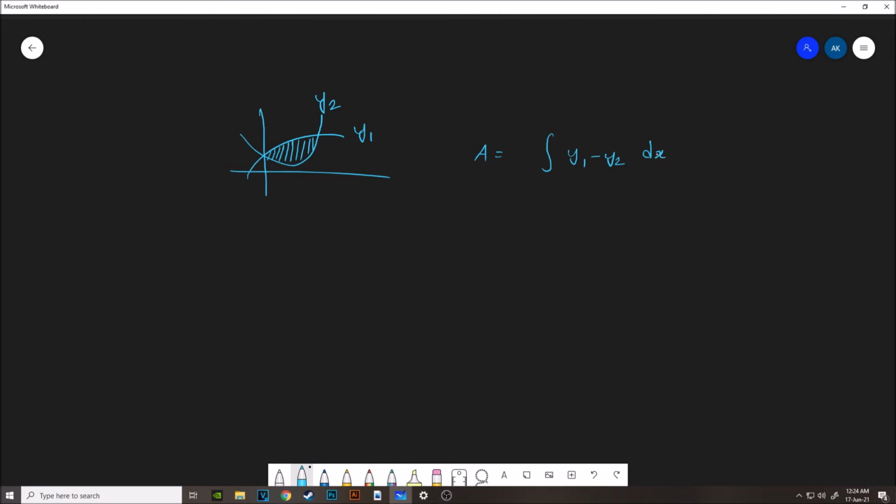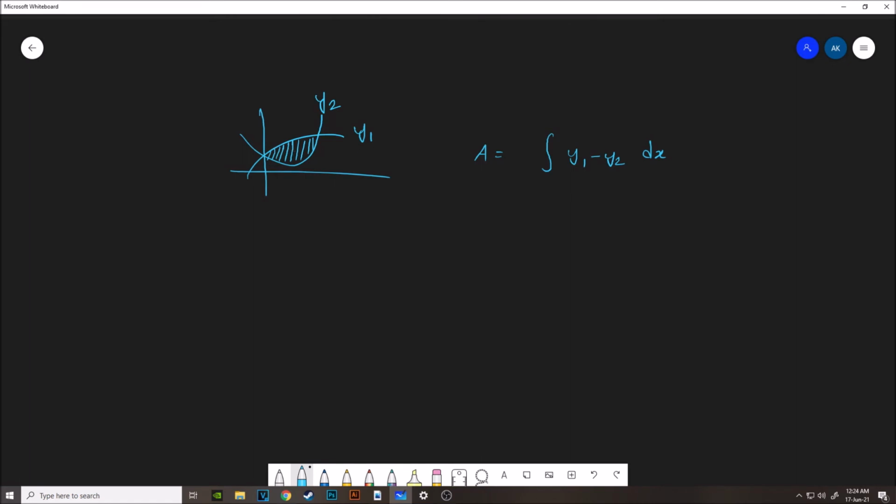Putting y2 first is a very common mistake. The way to decide whether y1 or y2 goes first is that the curve which is above should be put first. Here y1 is above y2, so y1 minus y2.